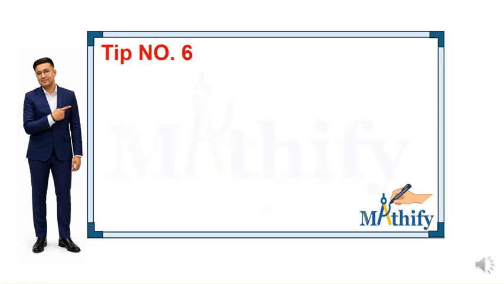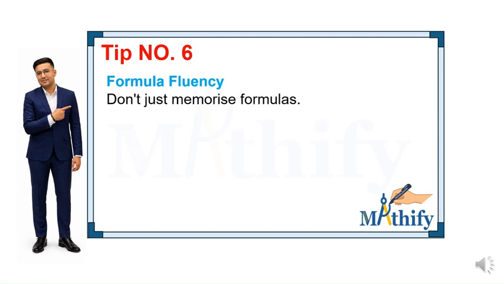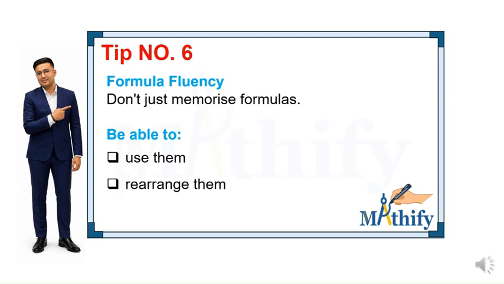Tip number 6, formula accuracy and fluency. Don't just memorize formulas. You need to understand how to use them, how to rearrange them, and, most importantly, how to substitute values correctly and accurately.